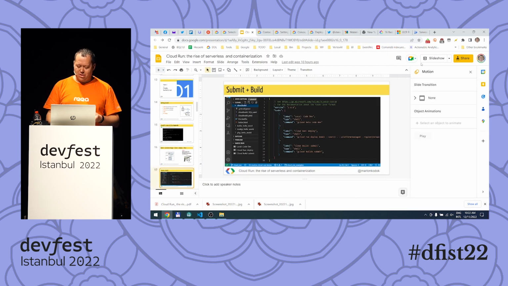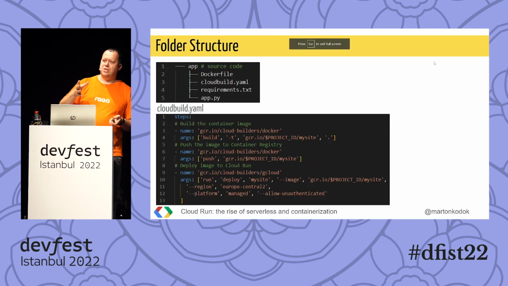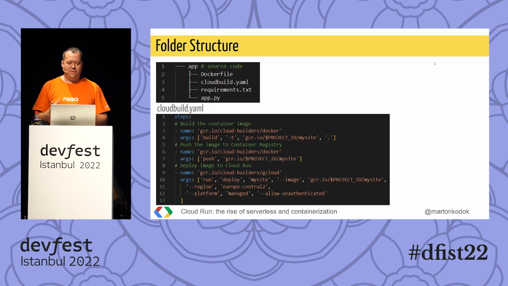Now, once you have this, the code is uploaded, and essentially we need to see the specific files. So we have the Dockerfile and the Cloud Build file. The Cloud Build YAML file is a step-by-step description. We have here 3 steps: build a container image. Essentially, you need to use a name, like my site is the name of the image.